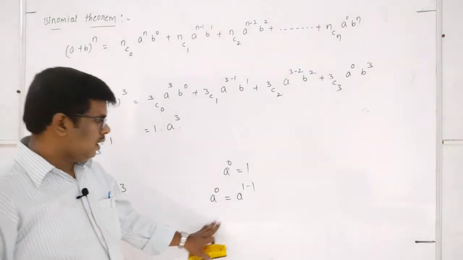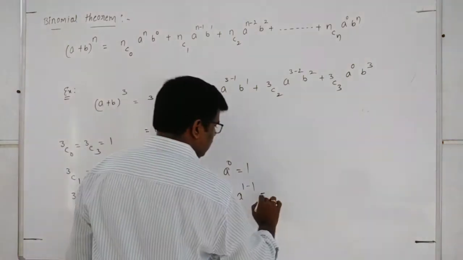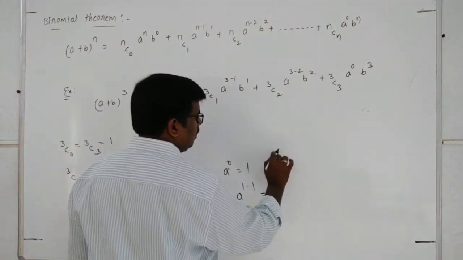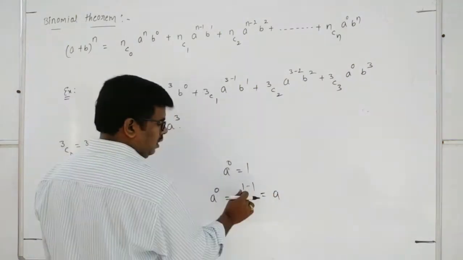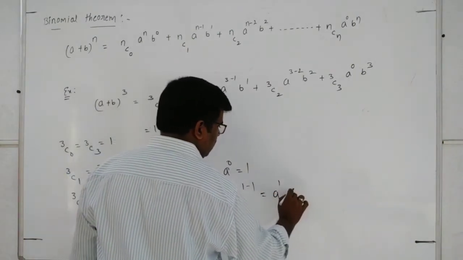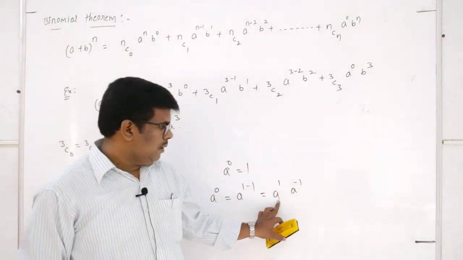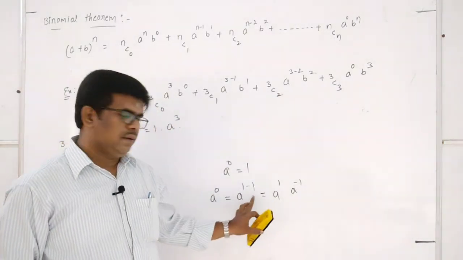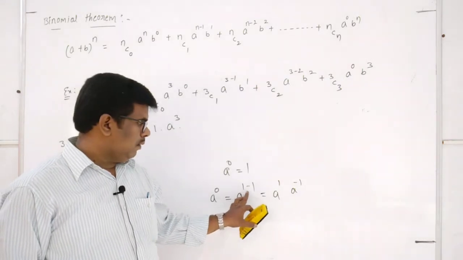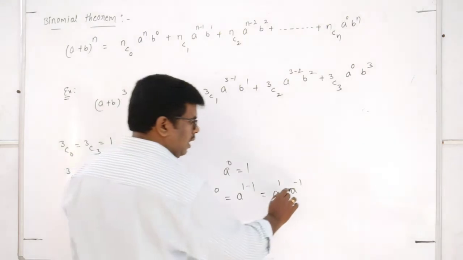Then you can split, since the base is common. The base is common, so you can separate the powers like this: a power 1, a power minus 1. Again, if bases are common, you can add the powers. So here I split the powers, making the bases common. Now a power minus 1.